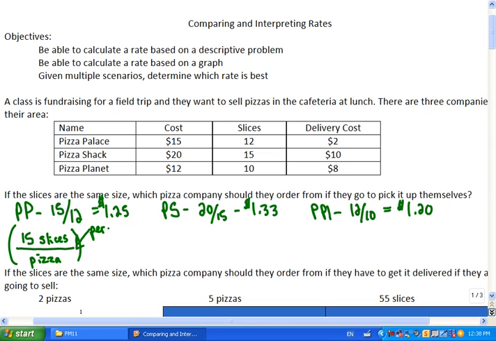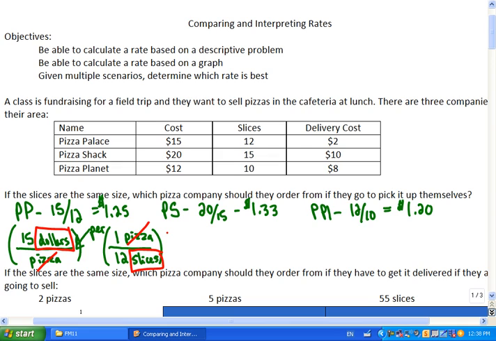Okay, because then I'm going to multiply it by one pizza has 12 slices. It's not 15 slices, it's $15. That's why it looks funny. So what happens is these pieces cancel out, the pizza on the top and the pizza on the bottom, and the units that I end up with are dollars per slice.